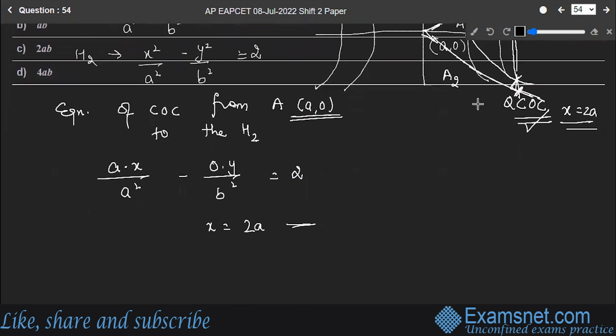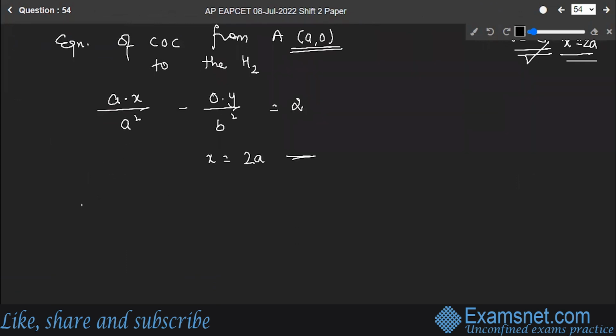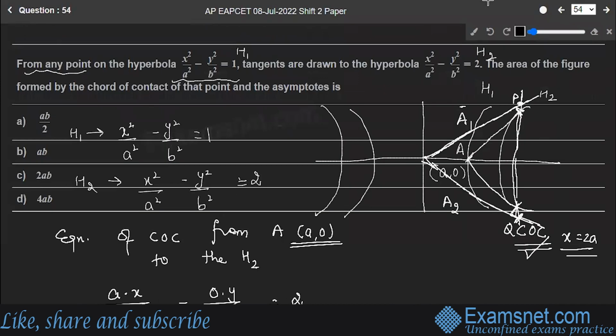Now the equation of the first asymptote A1 will be given by y is equal to b upon a into x. The second asymptote equation will be given by y is equal to minus b upon a into x. Hope you're clear till here. Now you have to find out the coordinates for P and Q. Why is that?